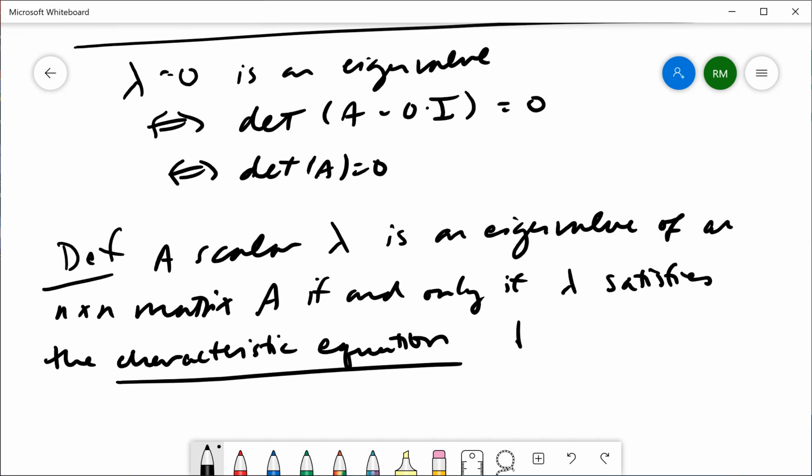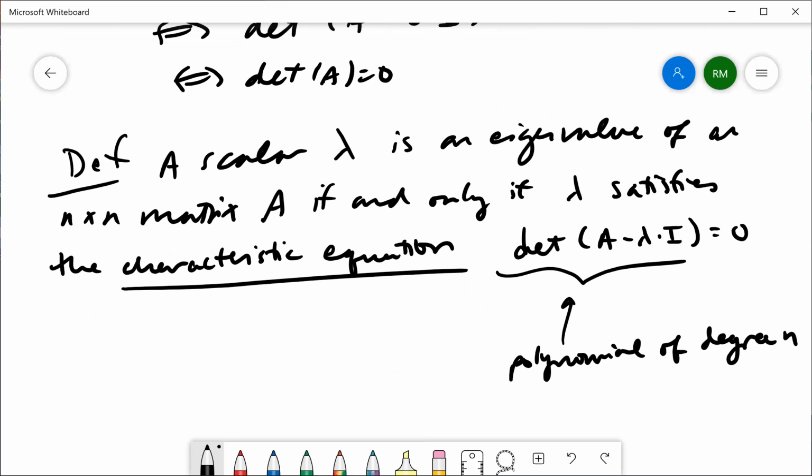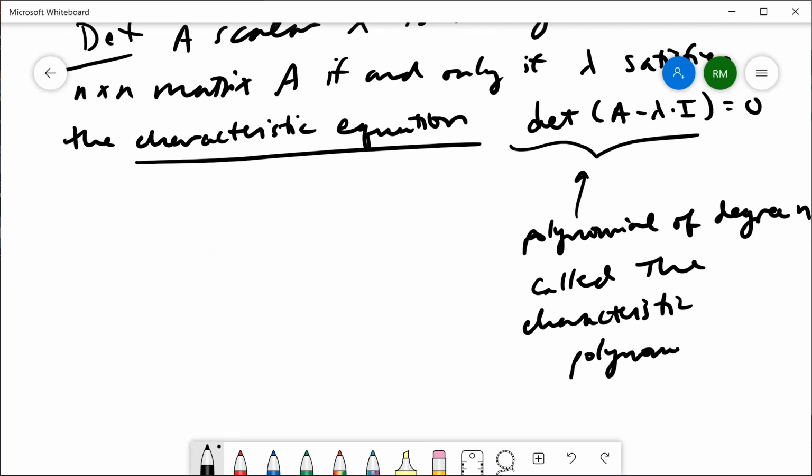So the characteristic equation is the equation you get when you take the determinant of A minus lambda I equal to 0. This is actually a polynomial of degree n, called the characteristic polynomial. So the characteristic polynomial is what you get when you take the determinant of A minus lambda I, and when you set it equal to 0, it's called the characteristic equation.